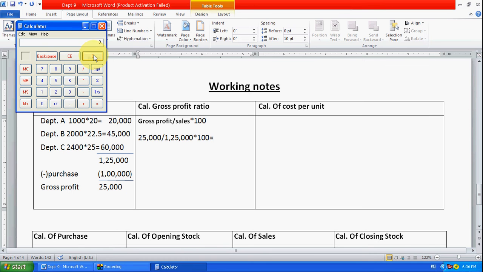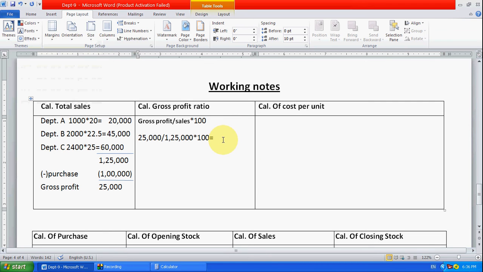Write 25,000 divided by 1,25,000 into 100. So we will get 20. We are getting 20. That should be in percentage because it is into 100. So multiply by 100 means it becomes a percentage. This is the percentage of gross profit.